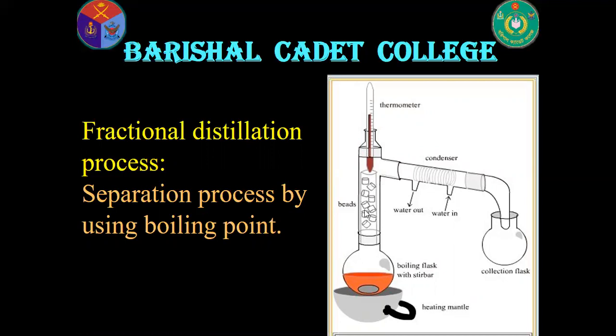But in case of more than 30, we can separate the components by using the distillation process only. Here we need to use the fractional distillation process, using a fractionating column. This column is for fractional separation.